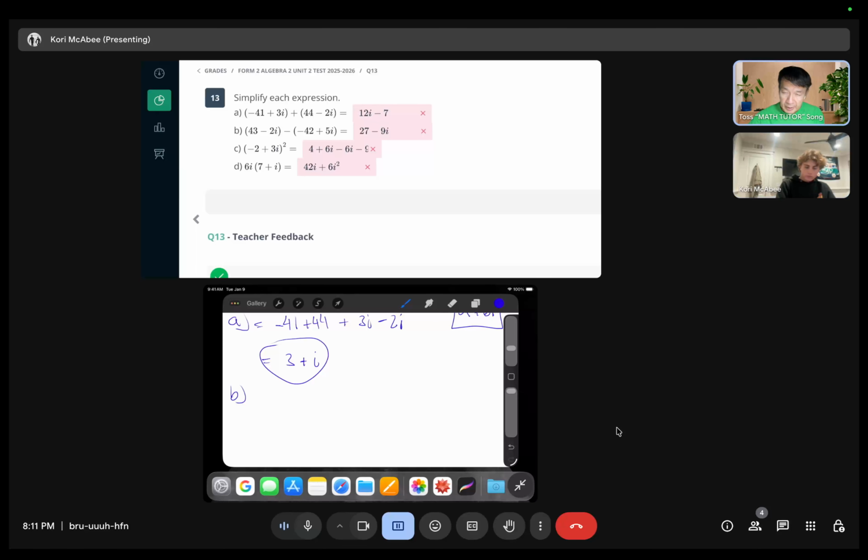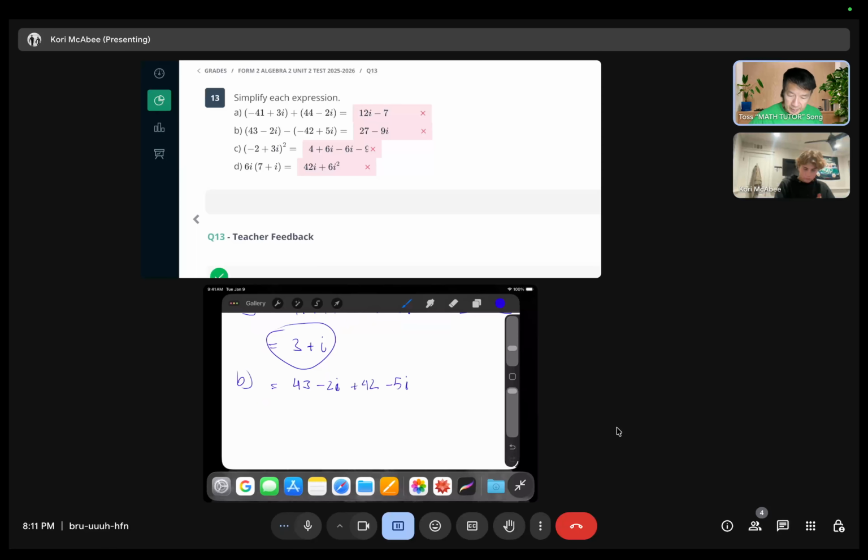Your B, I'll have to actually distribute the negative for the second part, so I'll write it now. I'll write the first part without the parenthesis, 43 minus 2i. Distribute the negative. It would be plus 42 minus 5i, so far. Double check. Yeah.